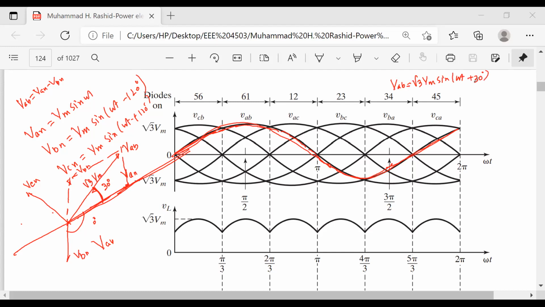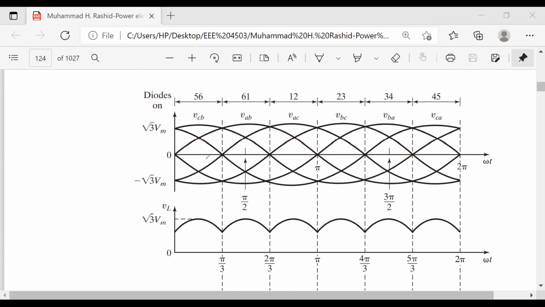So this way, if we know the phase voltage, we can always find out the line to line voltage, right? This line to line voltage has been plotted here. This will be your VAB. The phase sequence will be VAB, VBC and VCA, okay? So with 120 degrees apart, you have to draw VBC. That has been drawn here, this is 120 degrees, and this is 120 degrees apart.